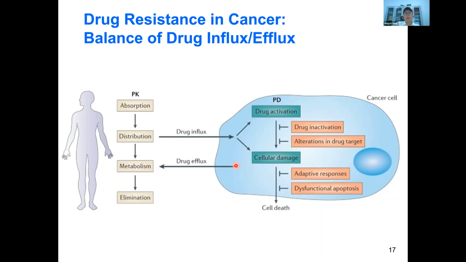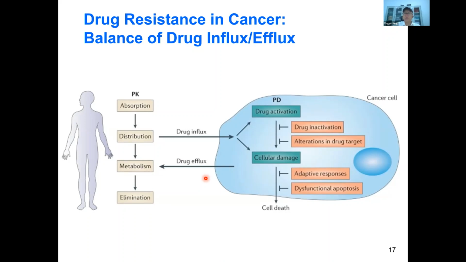Another is to increase drug efflux. Particularly, increasing drug efflux by cancer cells when they express these transporters that can selectively pump small molecule drugs out of the cells is one of the ways that cancer cells can escape therapy, particularly chemotherapy, where we try to use a toxic agent to kill the cancer cells.